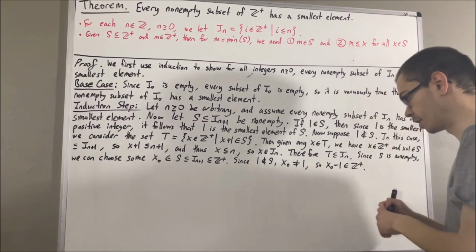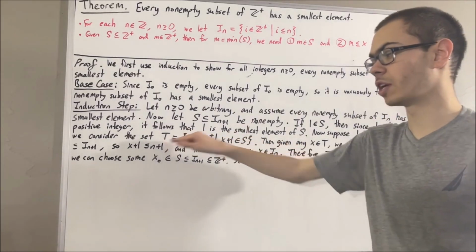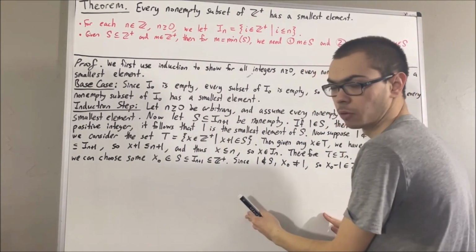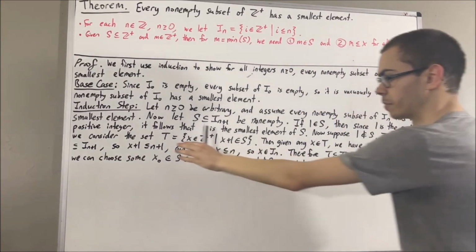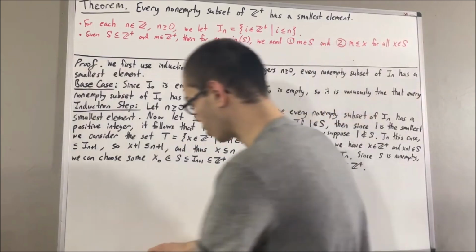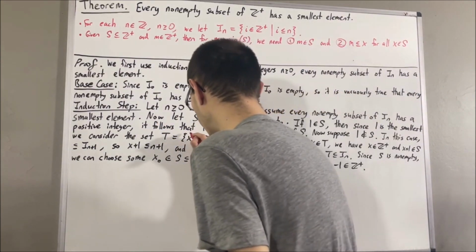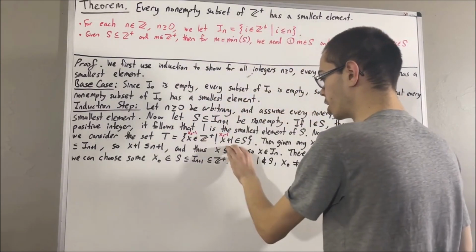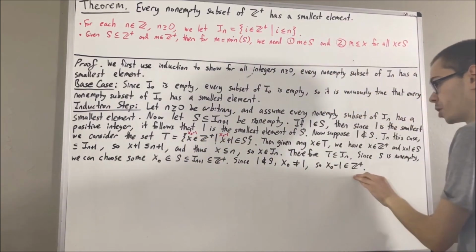And the idea here is, we're trying to show that x naught minus 1 is an element of T, right? Because T is essentially taking all the elements of S and subtracting 1 from them. So since x naught is an element of S, we expect x naught minus 1 to be an element of T. And to show that, by definition of our set T, let's replace x with x naught minus 1. We need to verify that these two conditions hold. Well, we know that x naught minus 1 is a positive integer. That's what we've just shown.